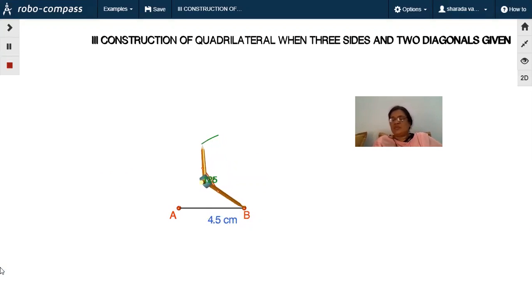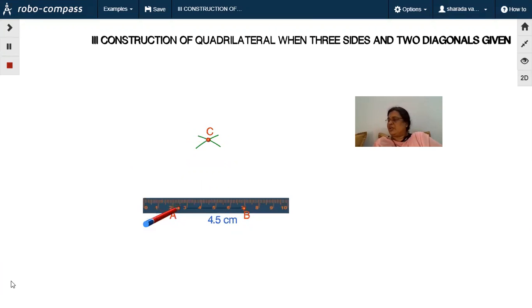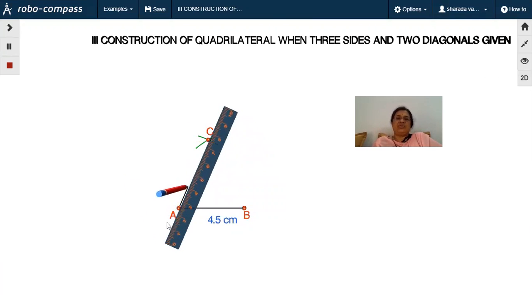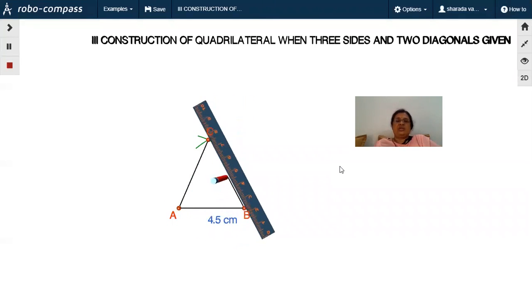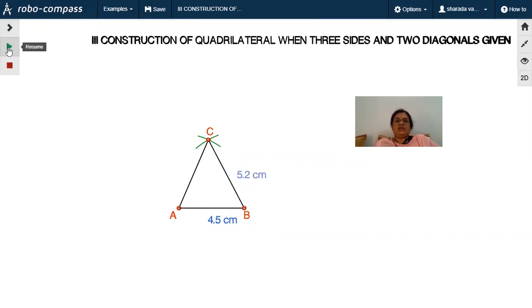With center B and the radius 5.2 centimeters, you should draw an arc, and with center A and radius 5 centimeters, you have to draw one more arc. And when you join the point of intersection with A and B, you can observe a triangle, isn't it?